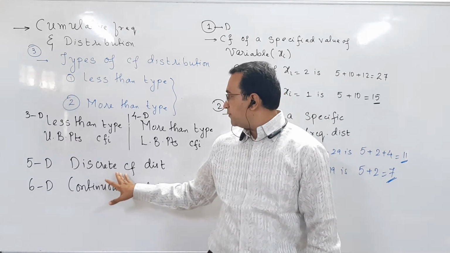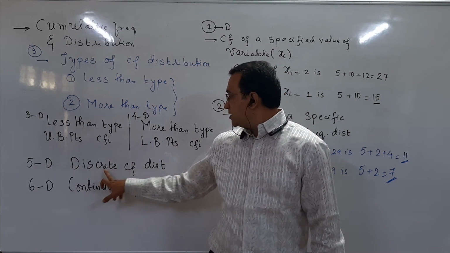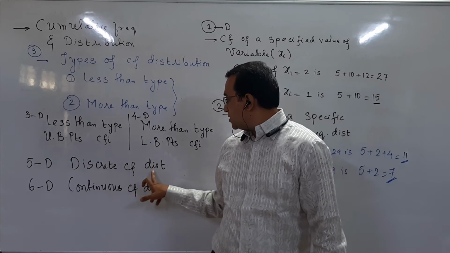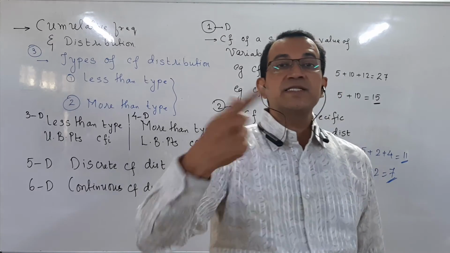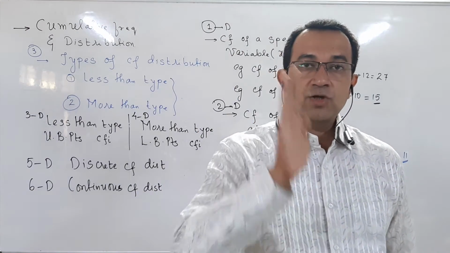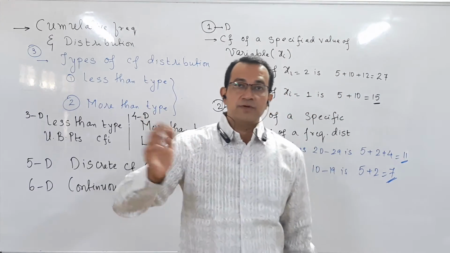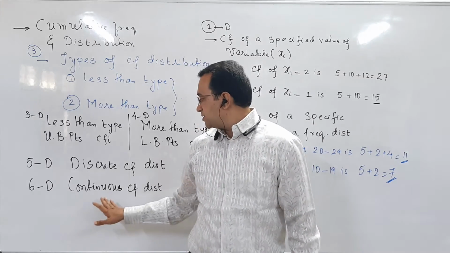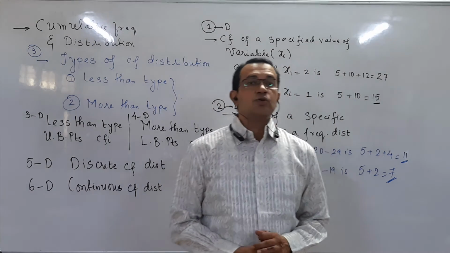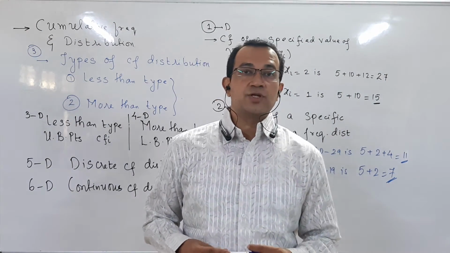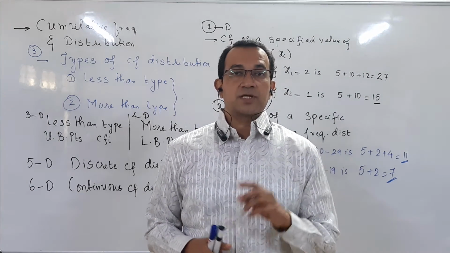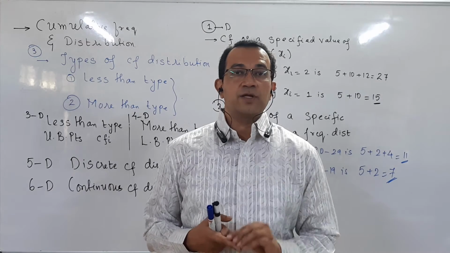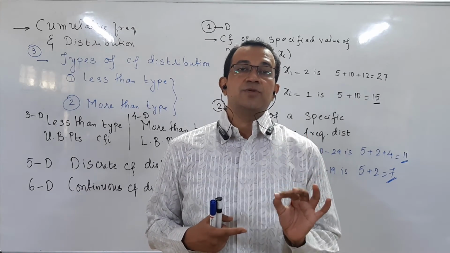So I am repeating definition 5. What is a discrete cumulative frequency distribution? A cumulative frequency distribution of discrete variable is called discrete cumulative frequency distribution. And the sixth definition, a cumulative frequency distribution of continuous variable is called, students, continuous cumulative frequency distribution.